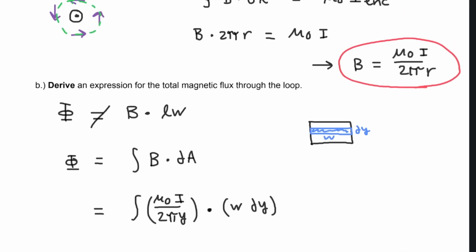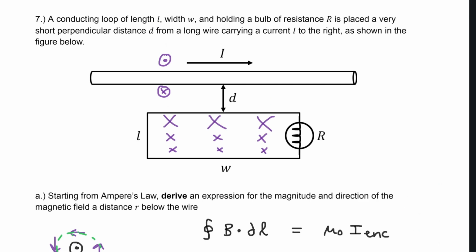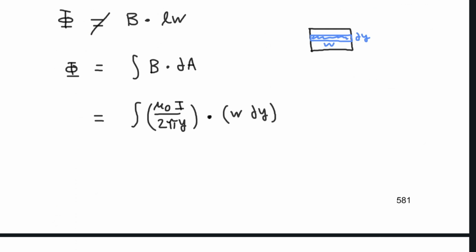And now we have to think about our bounds. The closest a slice could be to the wire is D, and the farthest a slice of the loop could be from the wire is D plus L. So then factoring everything out, we get mu naught IW over 2 pi times the integral from D to D plus L of dy over y, and that's just a natural log rule.